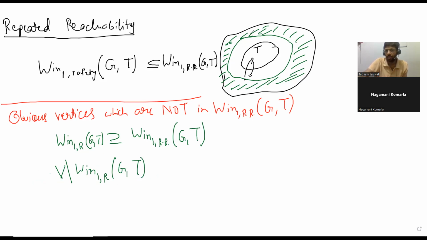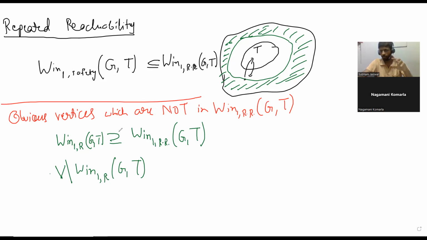Let us say that this is this green thing. It certainly doesn't contain T, because T is in Win1 Reach(G, T). It's a target graph, so any vertex there would automatically be in T, so it will be in Win1 Reach(G, T).